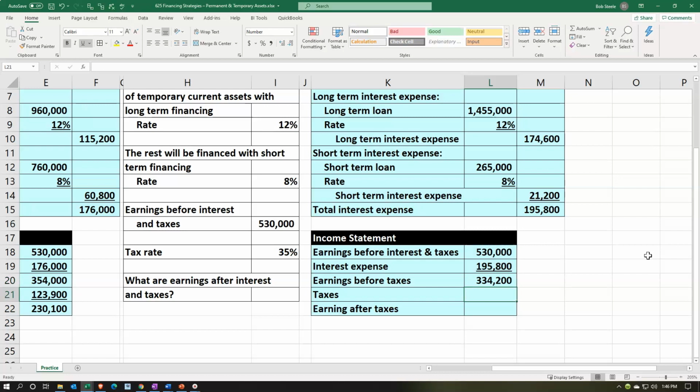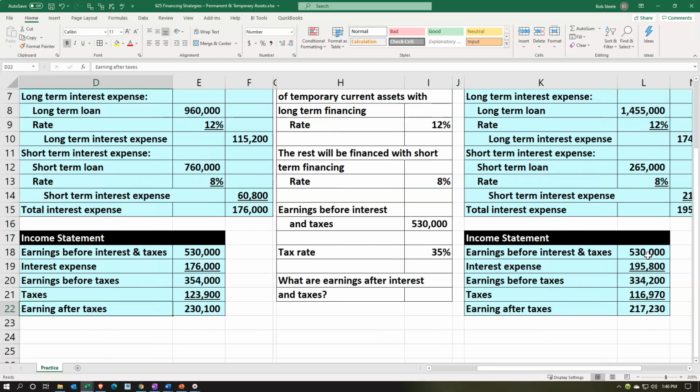And then we're going to be picking up the taxes, which is going to be that earnings before taxes times the tax rate, which is this 35%. Then we're going to subtract out the earnings before taxes minus the taxes, and that's going to give us the earnings after taxes, which once again is a bit lower than it was before, given the fact that we're using a less aggressive plan over here.